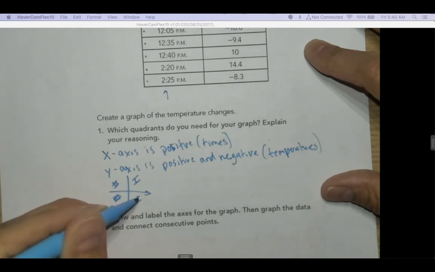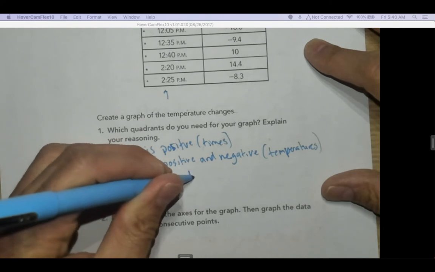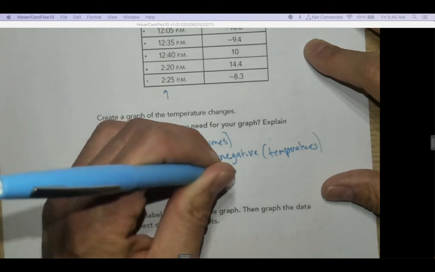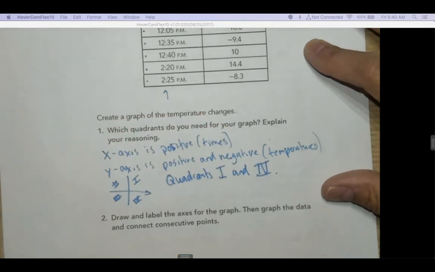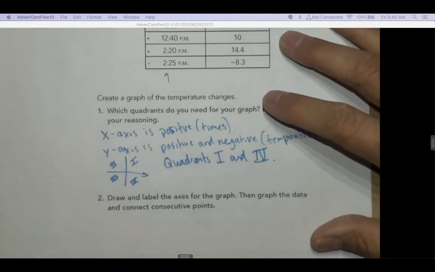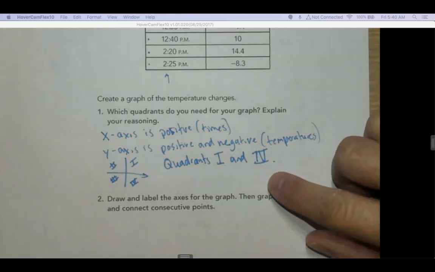So I believe it would be quadrants 1 and 4. I'm putting the Roman numerals in because that's usually how they do the quadrants, I and IV. V is 5. 1 less than 5 is 4.